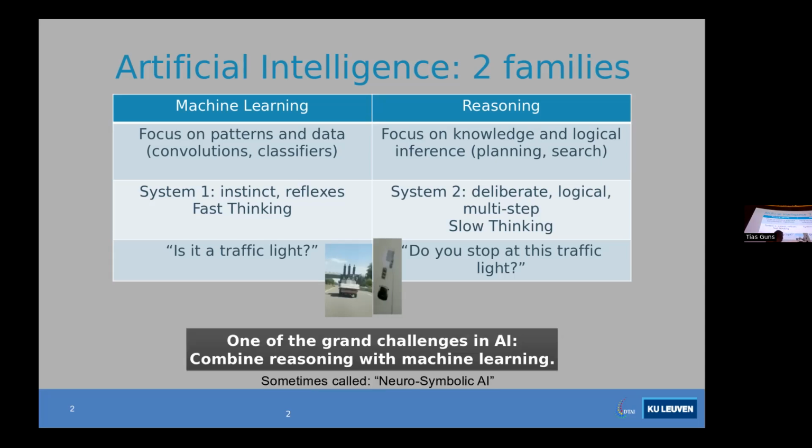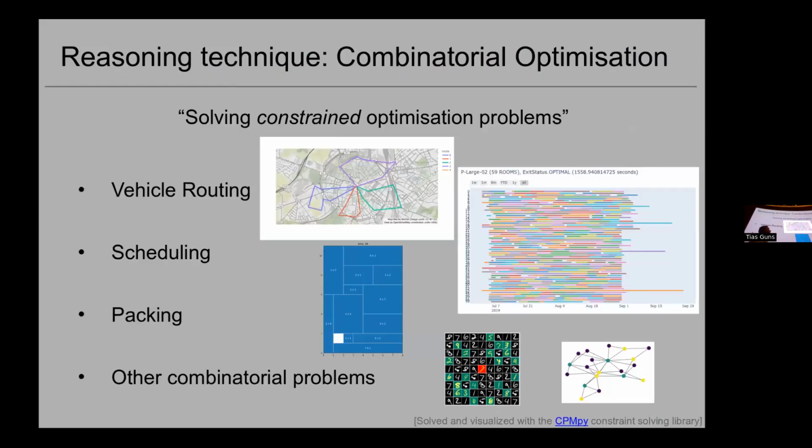And so I think that one of the grand challenges that the field of AI is facing is that of combining reasoning techniques with machine learning techniques. This is sometimes also called neurosymbolic AI. And I believe that with our technologies, and especially at the CPAIOR intersection, there's a lot that can be done here. And that's also where I position decision-focused learning. So the reasoning in this case will, of course, be combinatorial optimization.